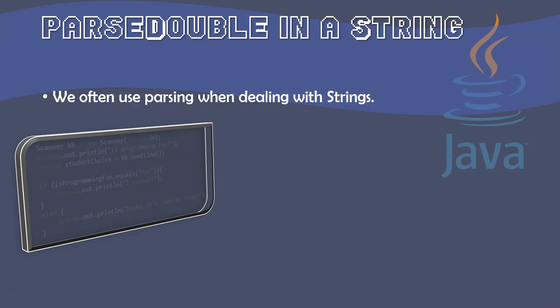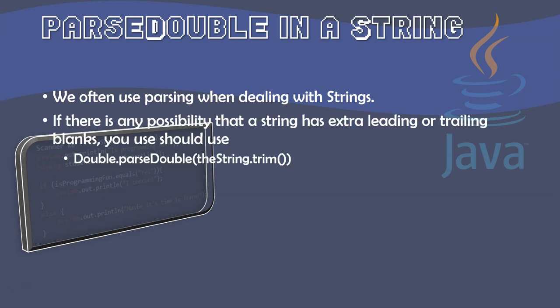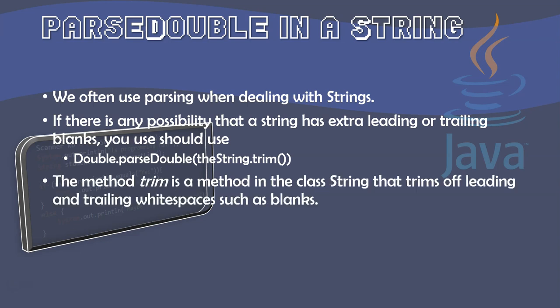So again, we often deal with parsing when we're working with strings because we need to get particular values out of there. If there's any possibility that a string has, for example, extra leading or trailing blanks, we should always add in trim. For example, if we have a string called theString, we can say Double.parseDouble(theString.trim()), and that would remove some of those spaces that might be in there.